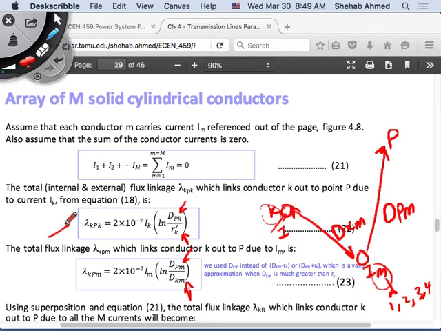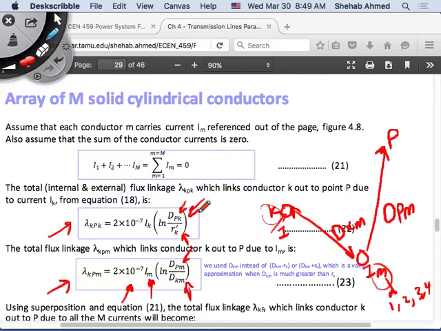So I basically have two equations that I will add up, but this will be inside a summation. And the summation will be based on the variable m, where m stands for all the conductors in space. If m happens to be equal to k, then I'm using this equation.